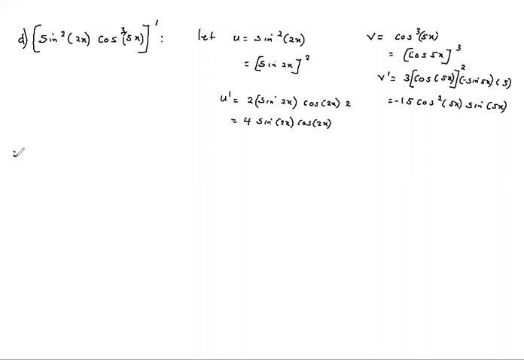So it will be equal to u prime, which is 4 sine 2x cos 2x multiplied by v, which is cos^3 5x minus, now there's a minus here for v prime, so I'll just put a plus 15 cos squared 5x sine 5x multiplied by u, which is sine squared 2x.